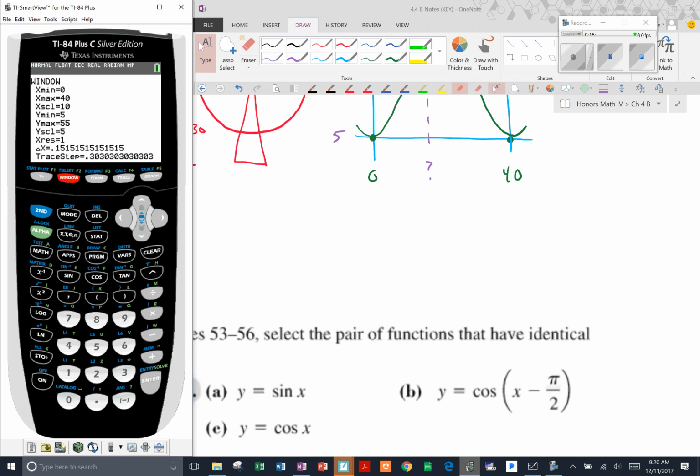So I've got from 0 to 40, and I went by 10 so I could split it into fourths. And then for the y minimum, I went from 5 to 55. Now you could zoom out, obviously, so you could see more of the graph. But by doing this, you at least see that one cycle. Let me know if you need help with that window again. Make sure you're in radians.